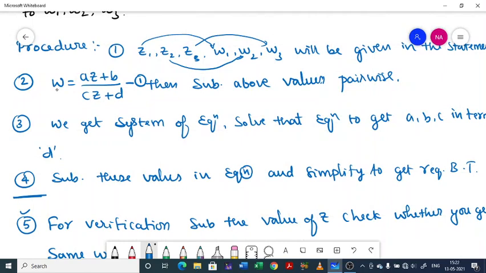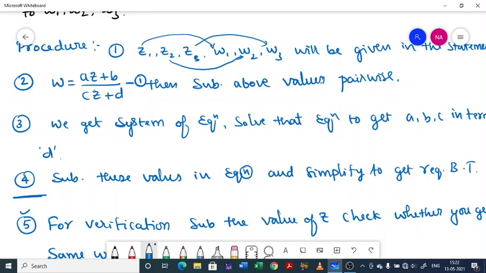You get some value. Check whether it is equal to W1. Similarly substitute Z2, and check whether you get W2, and Z3, whether you get W3. If you get W1, W2, W3 corresponding to Z1, Z2, Z3, then that verifies the transformation.